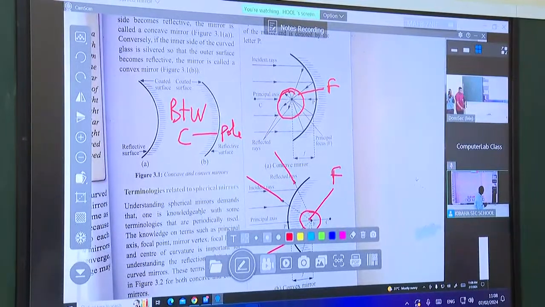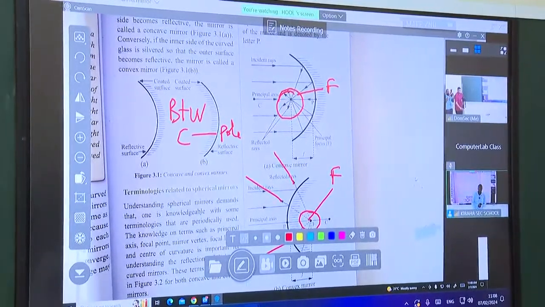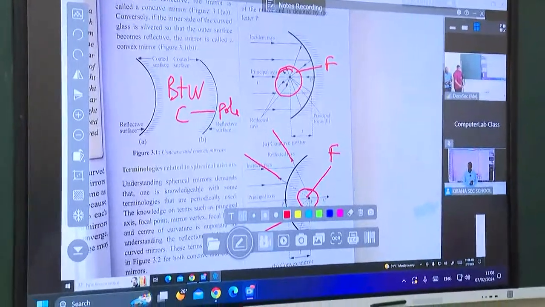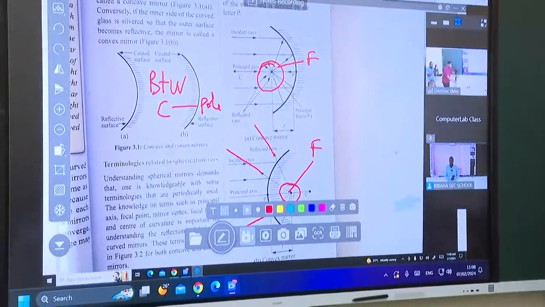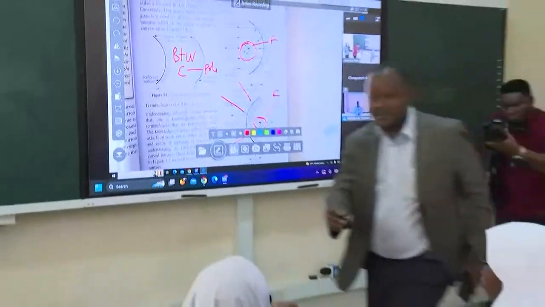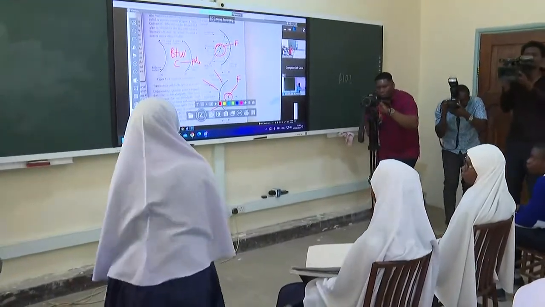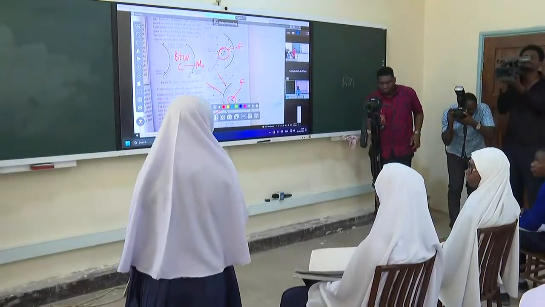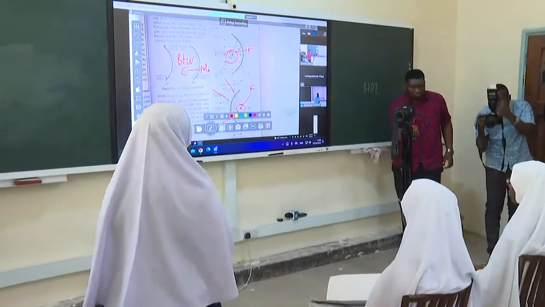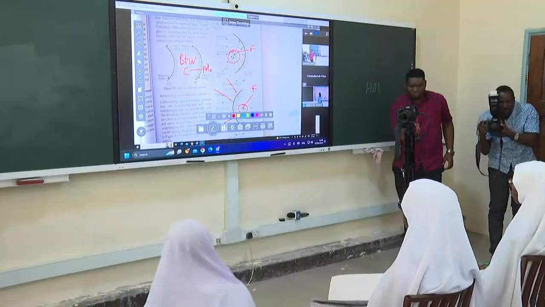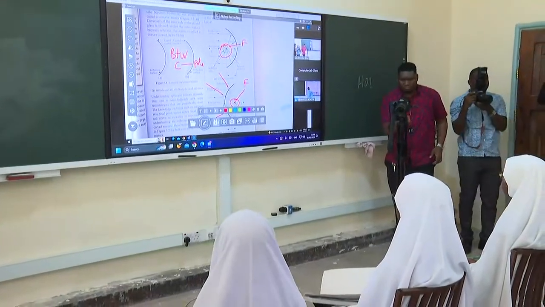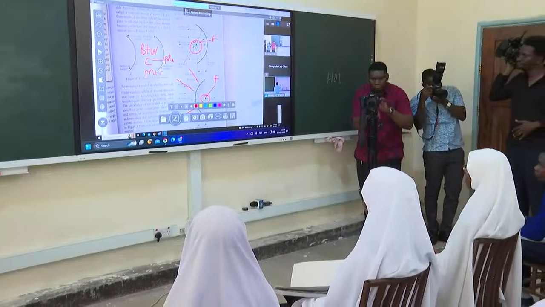From Dodoma, somebody who can modify the definition. Somebody who can modify the definition from Kibaha. Focal point is the midway between the center of curvature and the pole. We've also found something called a midway.